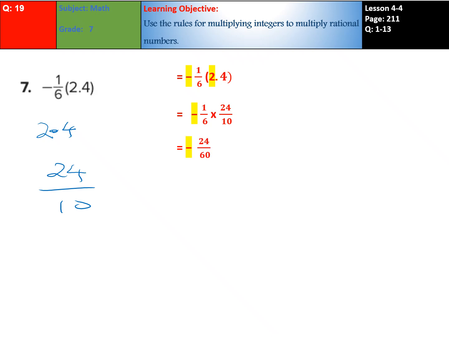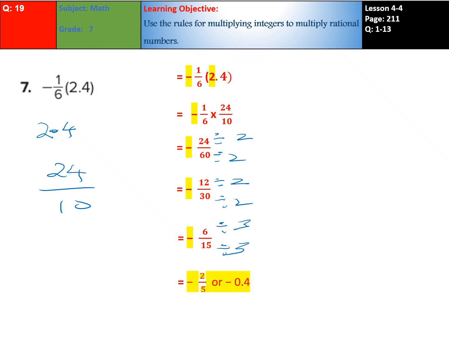Then 24 over 60, we know that both of them are divisible by 2. So it will give us 12 over 30. Again, they are divisible by 2 or they are also divisible by 6. Then 12 divided by 2 is 6, 30 divided by 2 is 15. Again 3 and 3, it will give you 2 over 5 or 0.4 as a decimal.